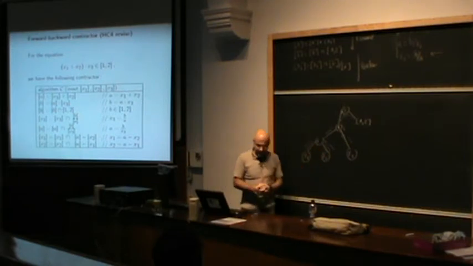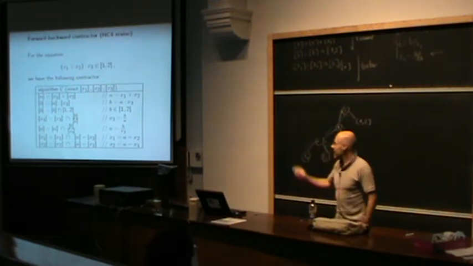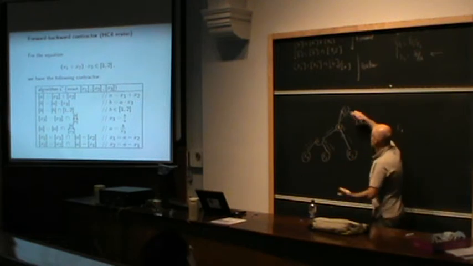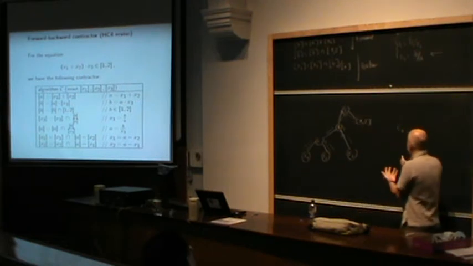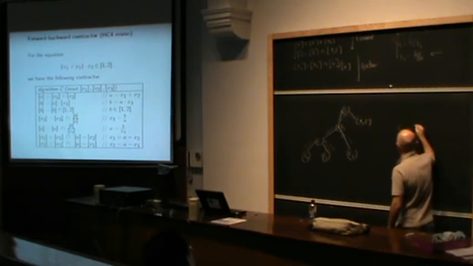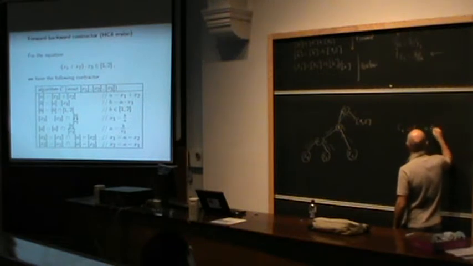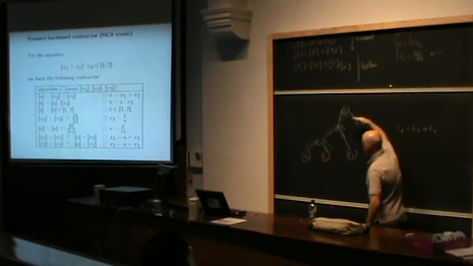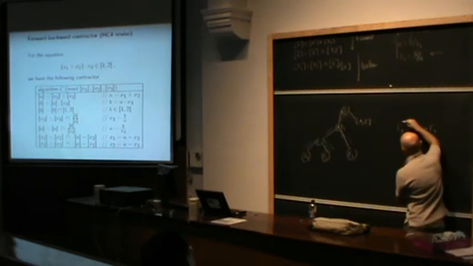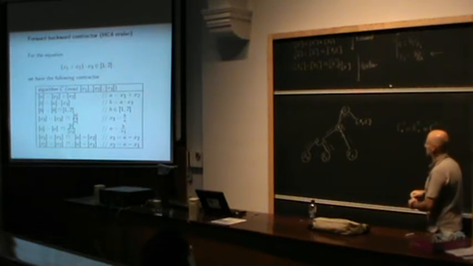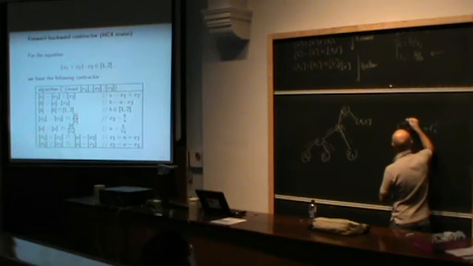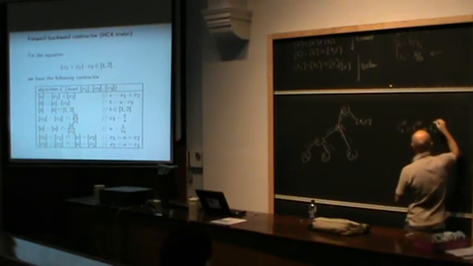But what happens in practice is that I do not have only one equation. So this will correspond to one contractor, but I have also the other equations. So I will combine them like this, if I have, for instance, 3 equations. And if I do 2 forward, 2 backward, it means that here I put a square, a square, a square. If I do it several times, or an infinite number of times, I can do something like this.